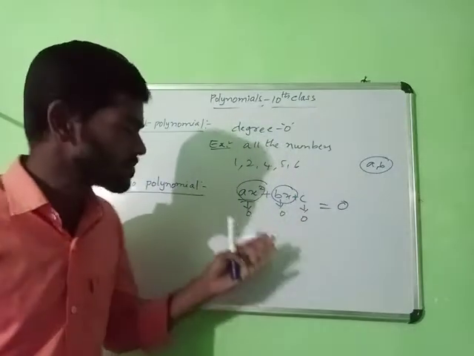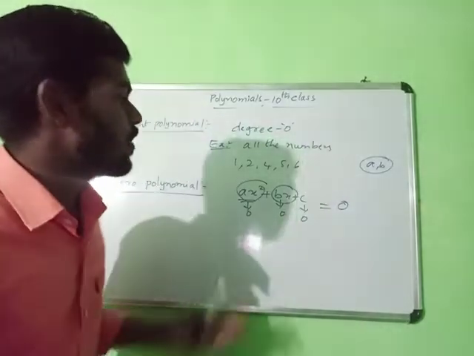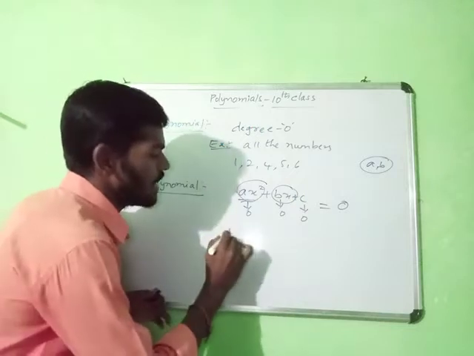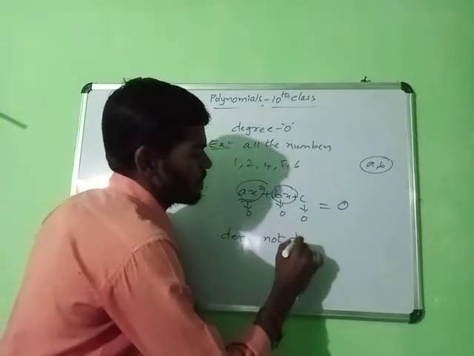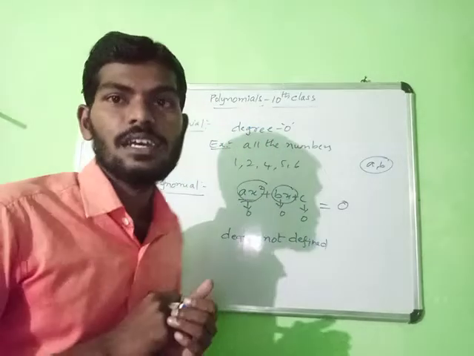So this is called a zero polynomial. Now what is the degree of the zero polynomial? It is always not defined.